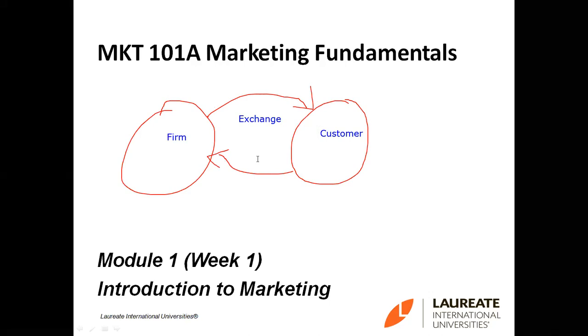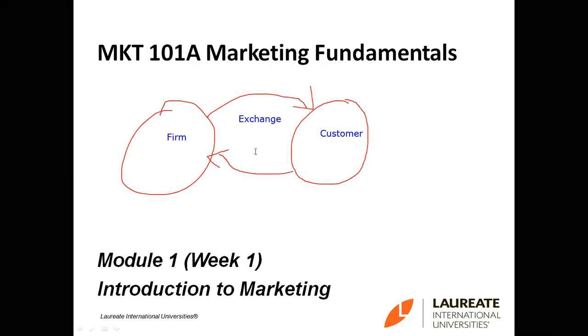Well, let's zoom into the exchange process itself. When two parties are engaged in the exchange process, we need to have something to offer, otherwise we can't get involved in the exchange process. In this instance, the company has the offerings, and the customers have what we call needs and purchasing power, so we can drive the exchange process.